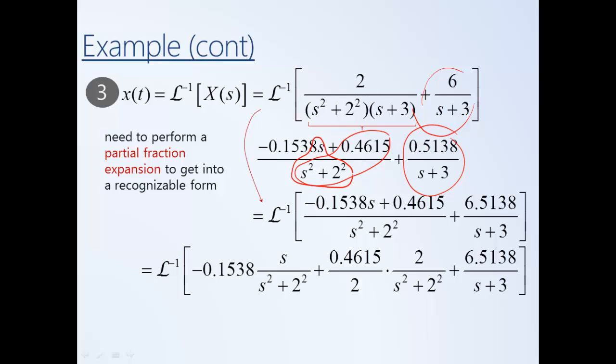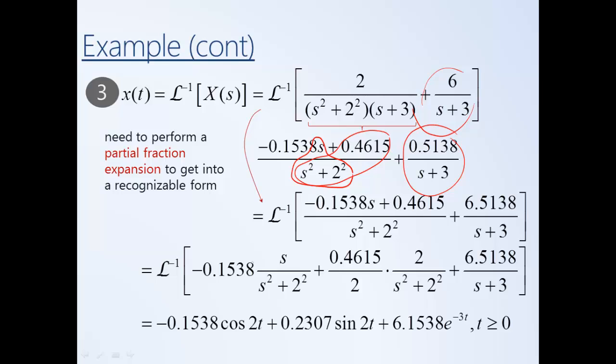So at this point, we have rearranged it into a form where we can recognize each of the terms in our Laplace transform pairs table. The constant comes out front. The inverse Laplace transform of this term is a cosine, where the omega is 2, so it's cosine 2t. Then we have another constant which just comes out front. The inverse Laplace transform of this term has the form of sine omega t, where the omega is again 2.